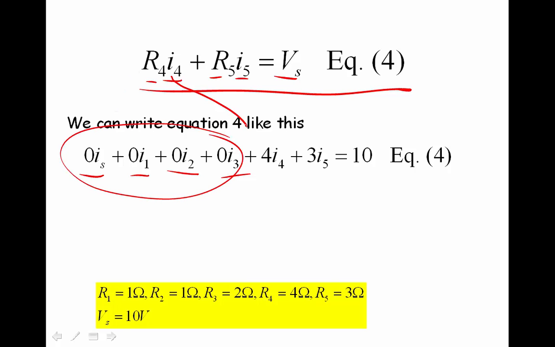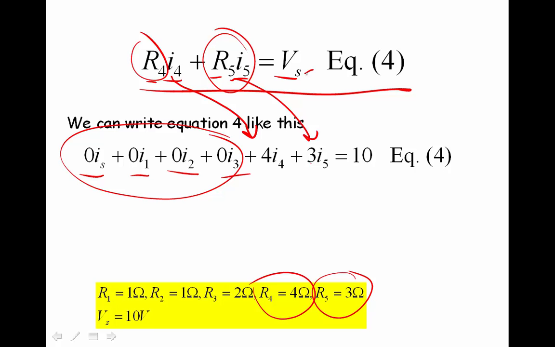But then here we have 4 of the I4s because R4 was 4. And for I5, R5 was 3 ohms, so I've got 3 I5s. And then Vs is equal to 10, the source voltage that we arbitrarily chose.